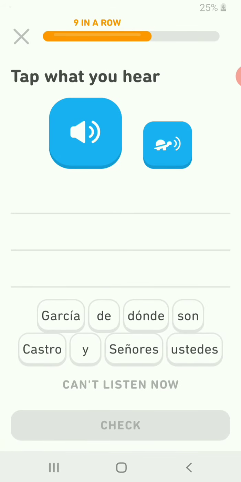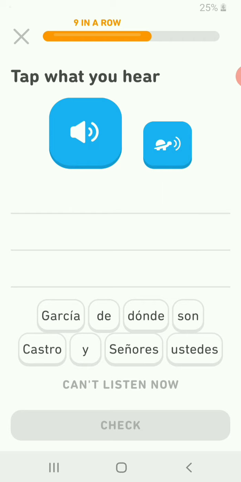Señores Castro y García, ¿de dónde son ustedes? So before I go further, I would like to point out that we've just learned how to say some. So some can be unas for feminine plural or unos for masculine plural, sorry. So let's do it.